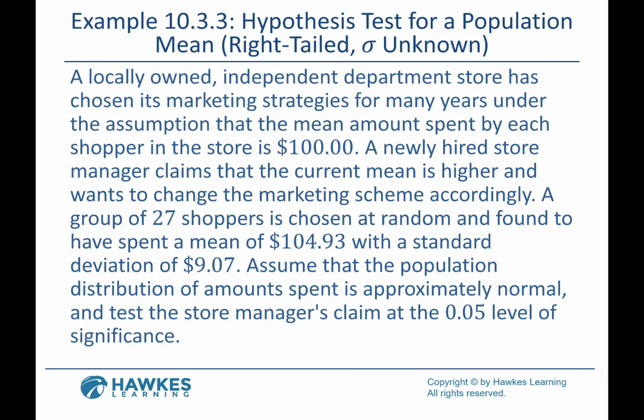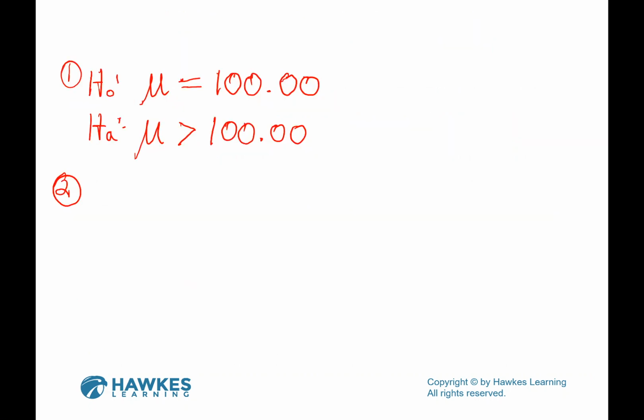On the last test, I said sigma is unknown. And so we're in a sigma unknown situation here, so we're going to use t. We're dealing with means, sigma is unknown, so we're going to use the t test statistic.